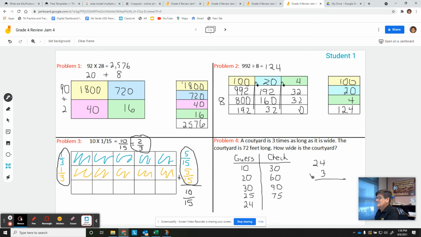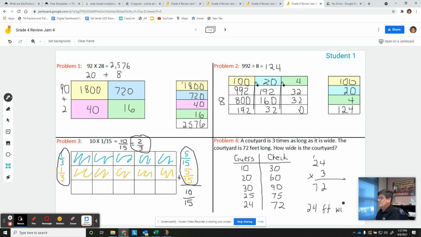And let's see, I think that will be 12, carry 1. 3 times 2 is 6, 72. Yay! I got it. So the answer here is, how wide is the courtyard? The courtyard is 24 feet wide.